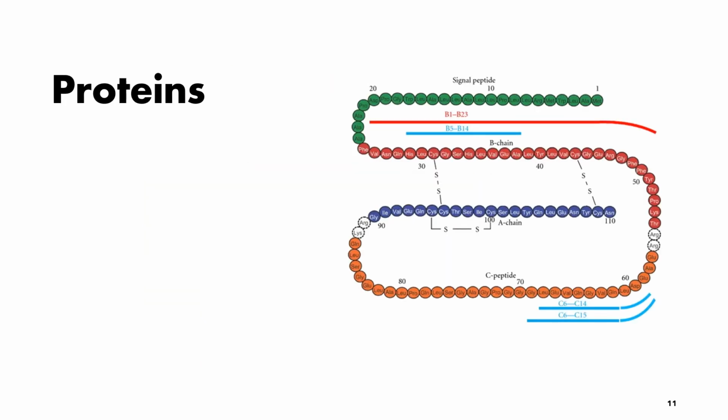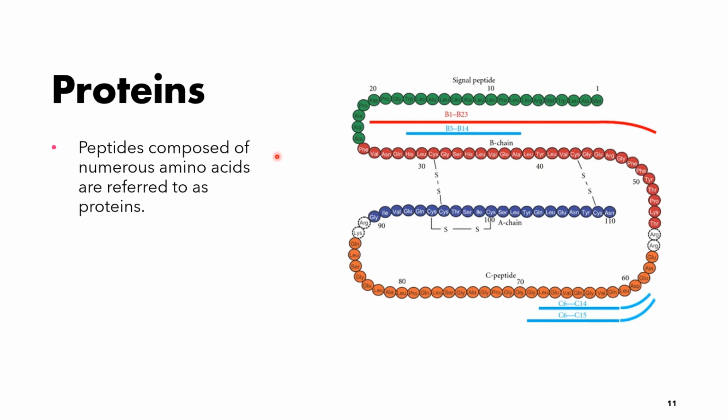Another major classification of hormones that is closely related to the peptide hormones are the protein hormones. Protein hormones are peptides composed of numerous amino acids, and they can also be defined as long chains of linked amino acids.